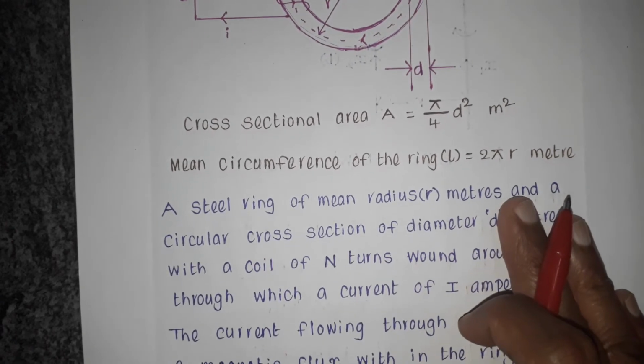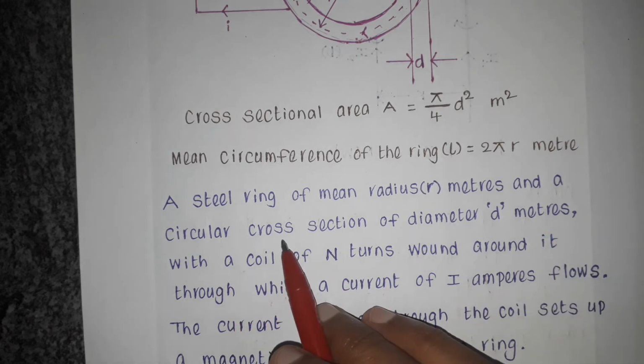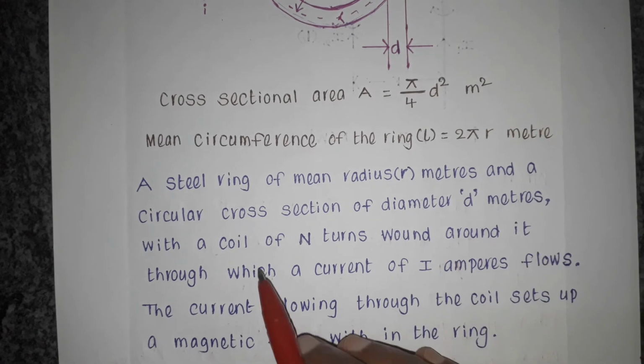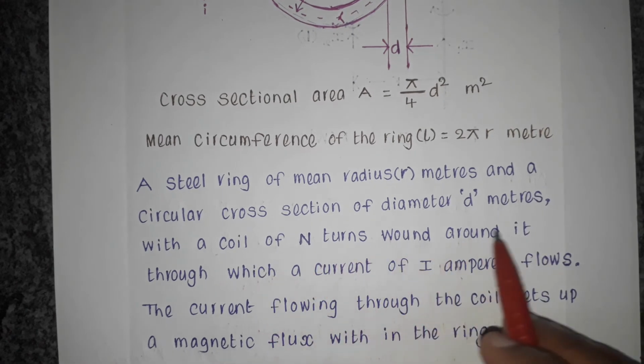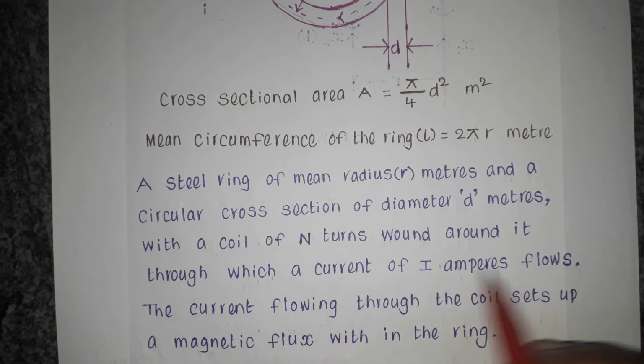A steel ring of mean radius r meters and a circular cross section of diameter d meters, with a coil of n turns wound around it, through which a current of I amperes flows. The current flowing through the coil sets up a magnetic flux within the ring.